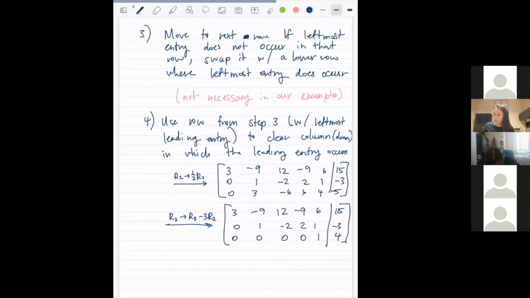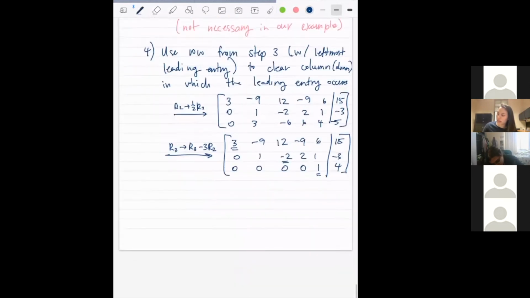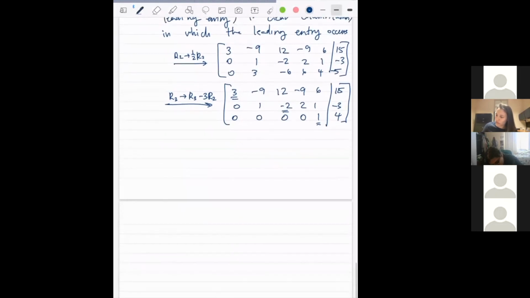Okay. That is where we are after step 4, and we are in row echelon form, right? We can see that we have our leading entries moving left to right, and that's what we need for row echelon form. And then, wait, let's see.